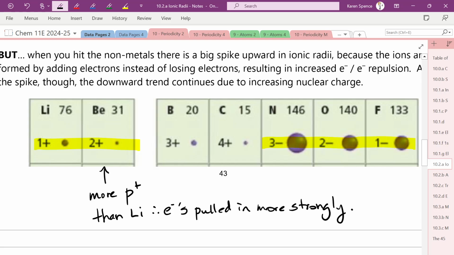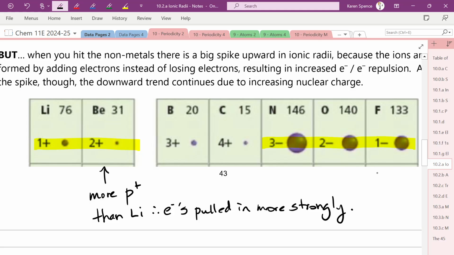This one is not so much a periodic trend as in everything goes from biggest to smallest all the way across. It's like if you're comparing your +1 lithium ion to your +2 beryllium ion, that's the kind of thing you might be asked to compare. You might be asked to compare oxygen and fluorine.